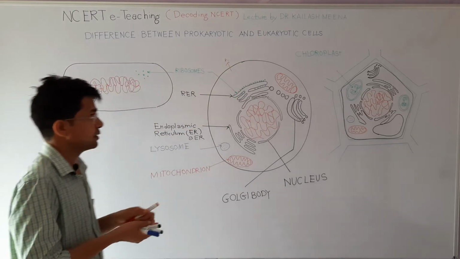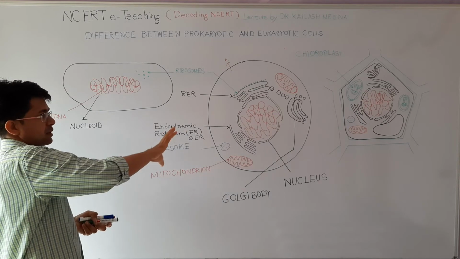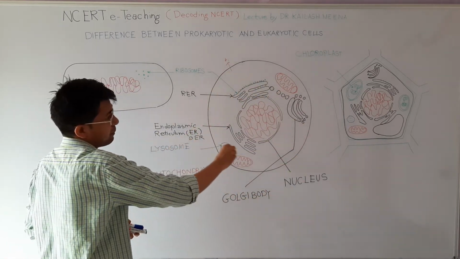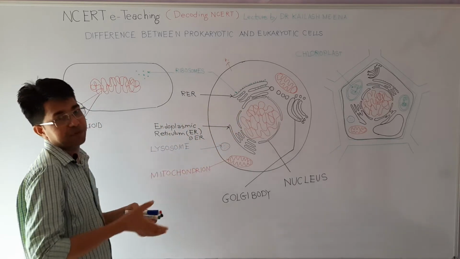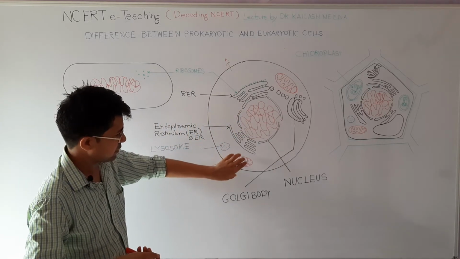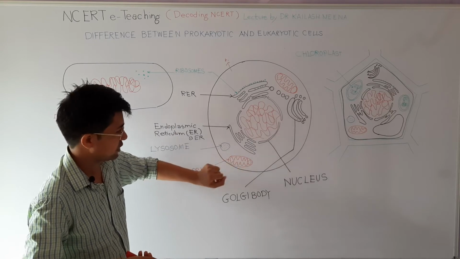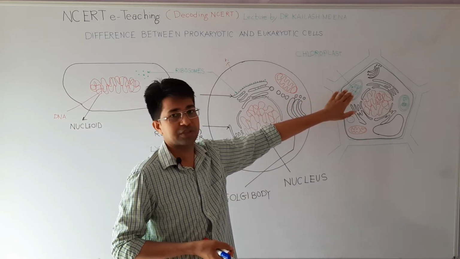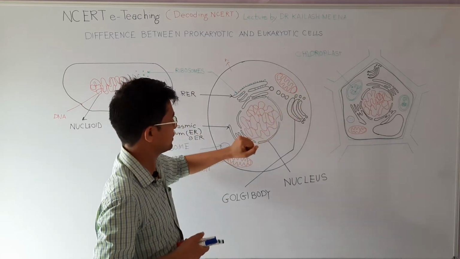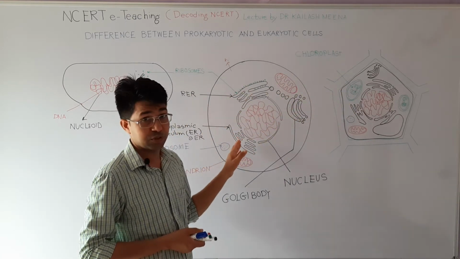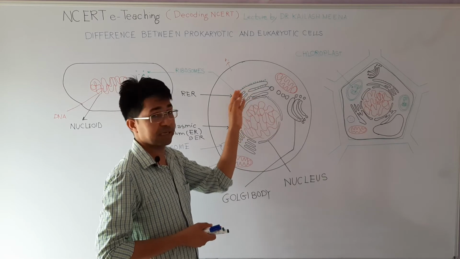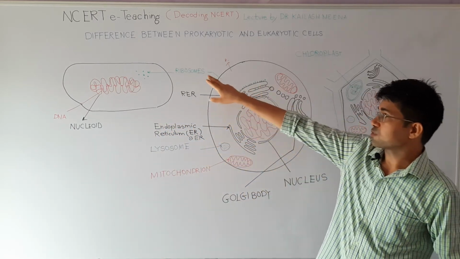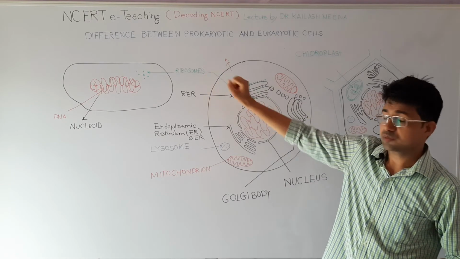So here my aim is to show that eukaryotic cells have many compartments for each type of function. They have a different compartment for energy production, mitochondria, another different compartment for food production in plants, chloroplast, another different compartment for fat production, smooth endoplasmic reticulum, and protein production, rough endoplasmic reticulum, or particularly these particles which are called ribosomes, and sometimes they are called cell organelles also.